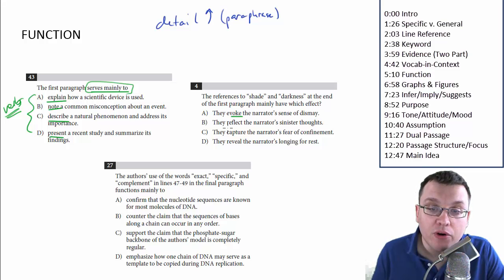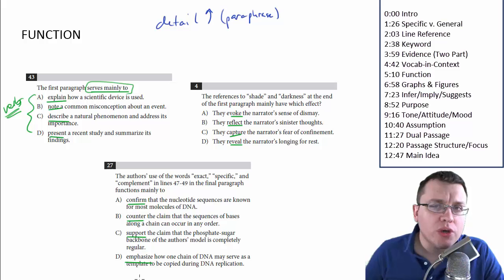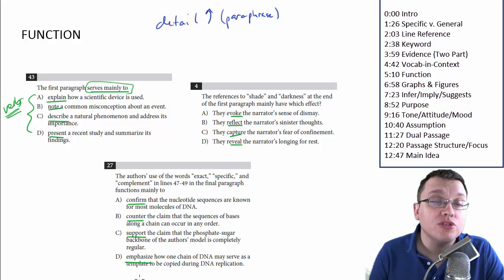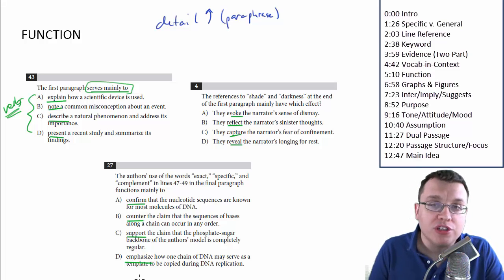Notice same thing here: evoke, reflect, capture, reveal. Down here, confirm, counter, support, emphasize. So whenever you see choices with these action verbs, you're dealing with a function question, and what you want to determine is not simply what it says in the passage, but what that portion of the passage is doing. What is its function?